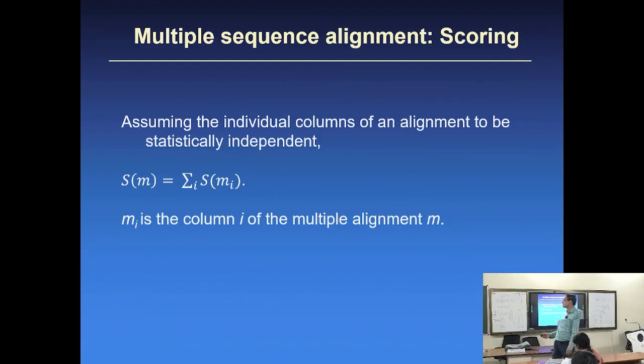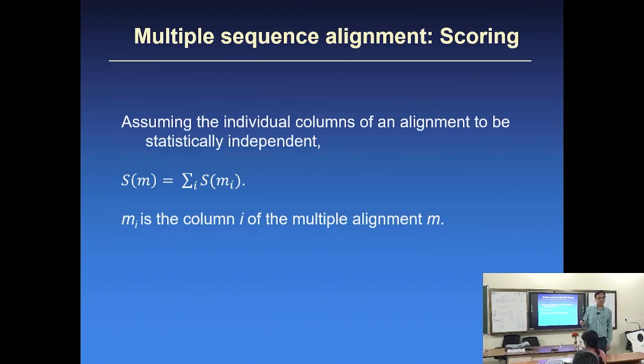Using the same logic, you can get a score for each of the columns, and then sum over all the columns, and that would be the score for the multiple sequence alignment. So M is the multiple sequence alignment and i is the ith column.